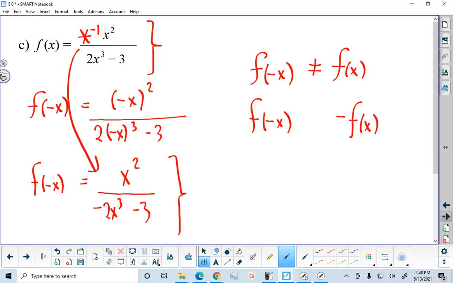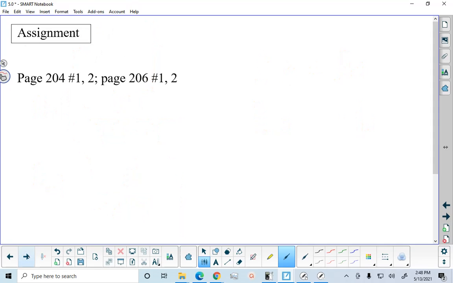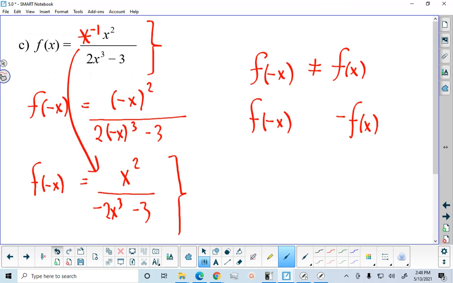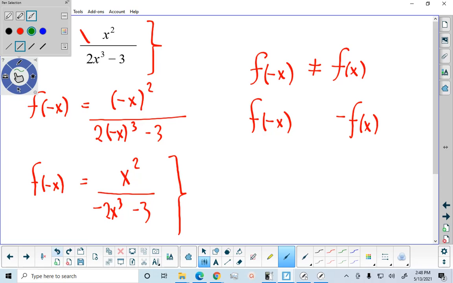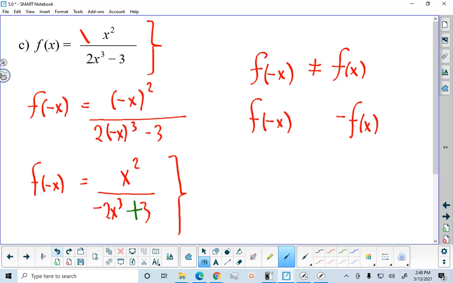Looking at the bottom of your screen, if you ended up with, and it would be impossible to do so in this example, if you ended up with +3, then the function would be odd, because if I multiply something by -1, that means I can multiply the bottom by -1. And if the 2 changes to a -2 and the -3 changes to a +3, that's odd.